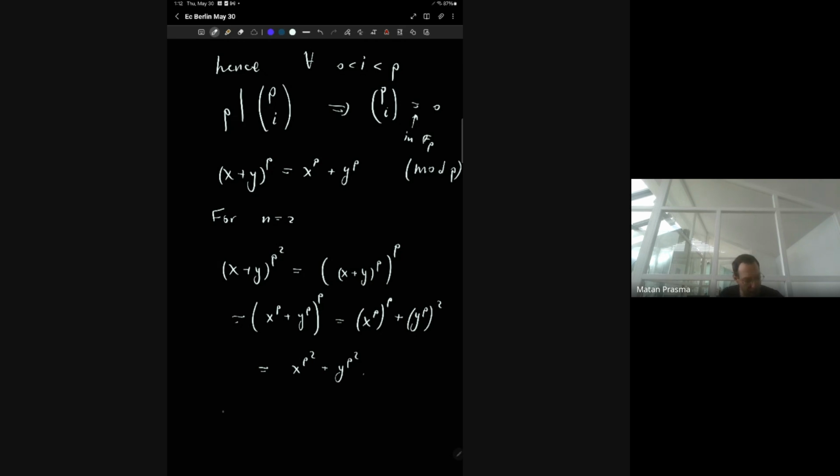Okay, and for n bigger than 2, this is the same argument, the same repeated application of the n equal 1 case.